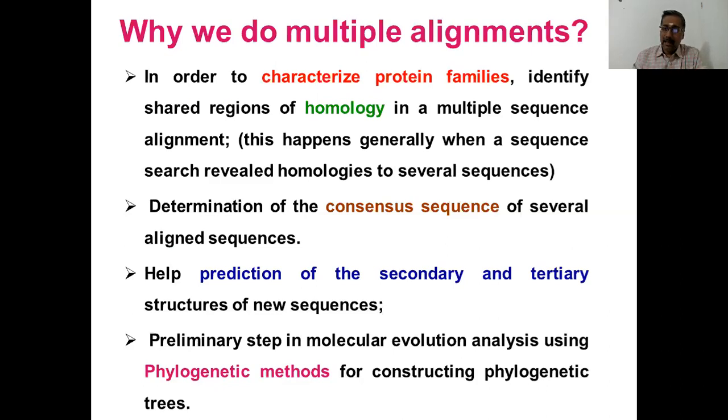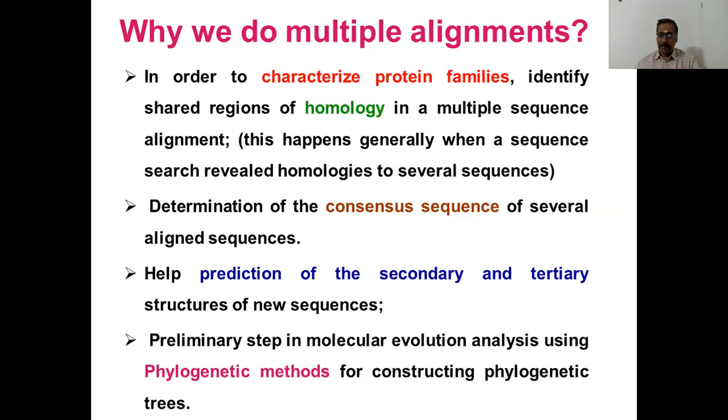The third thing is, with the help of multiple sequence alignment, you can predict whether the protein belongs to a secondary or tertiary structure based upon the presence and distribution of the characters. You can observe and then comment whether the protein belongs to secondary or tertiary.